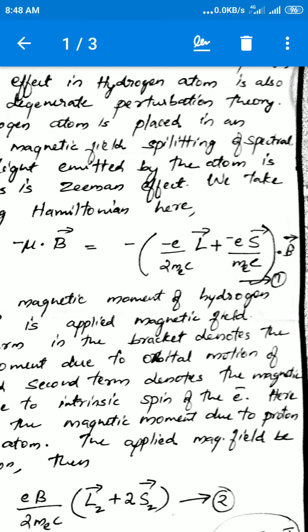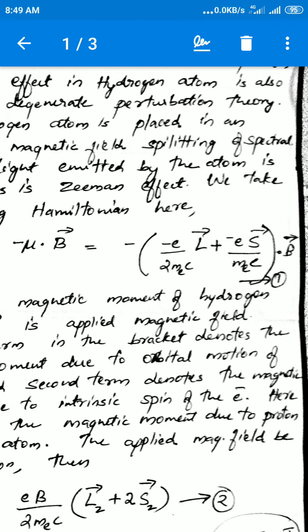The first term is the orbital magnetic moment, which is minus e by 2 me c times L vector, where L is the angular momentum vector, plus minus e by me c times S vector. S is the spin angular momentum vector, me is the mass of the electron, and c is the velocity of light. This is the value of the magnetic moment.